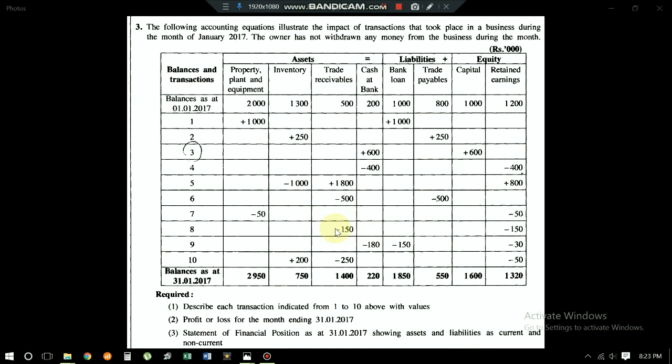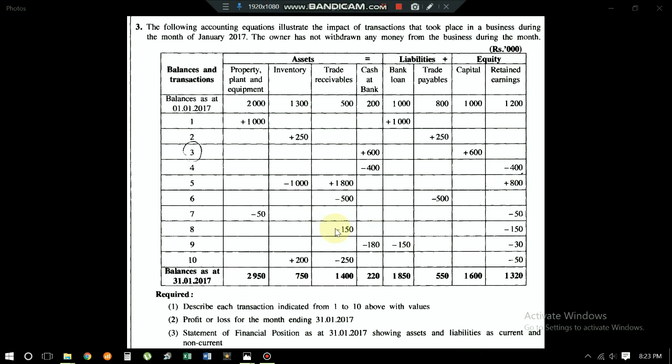That means the assets group is categorized into 4: in this question, property, plant and equipment, PPE, inventory, trade receivables, and cash. The liabilities divide into 2 as bank loan and trade payables. Equity is divided into 2, capital and retained earnings. Actually, this term retained earnings we normally learn in company accounts.